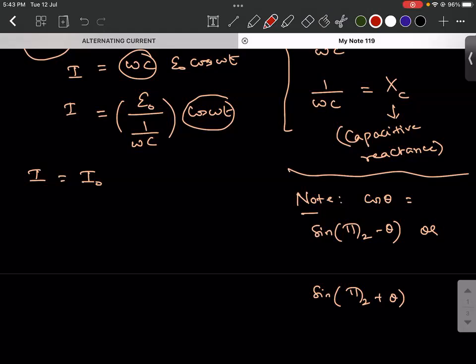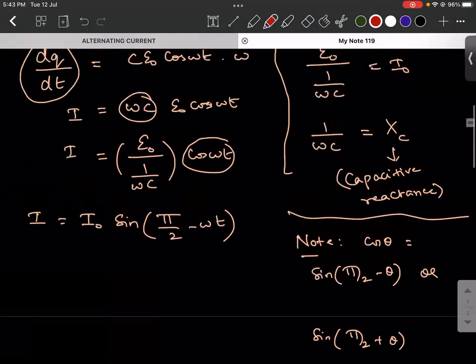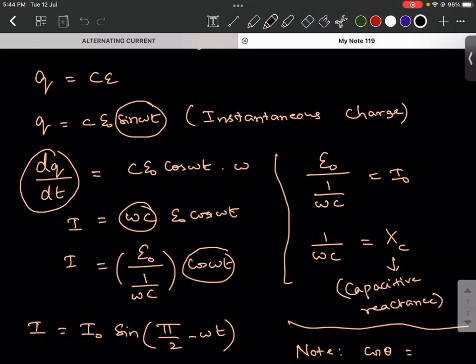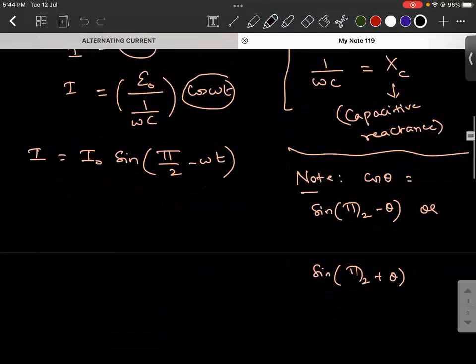If I write it as sine of pi by 2 minus omega t, then the challenge is we cannot draw the phasor diagram for it. Because for the phasor diagram, they both should have the same angular frequency. The input angular frequency is omega, whereas the output's angular frequency is minus omega.